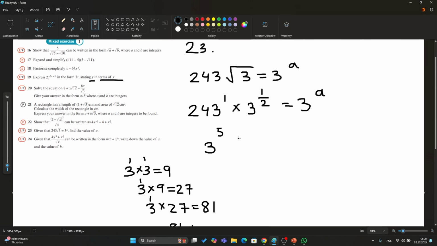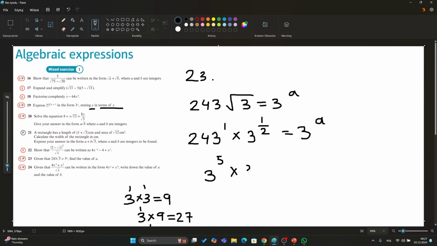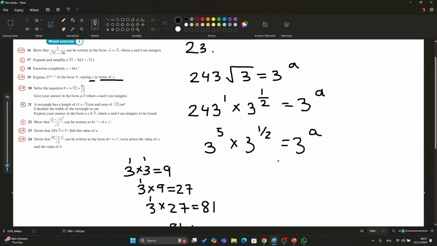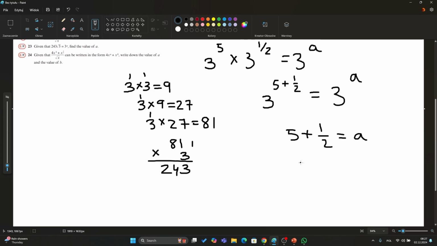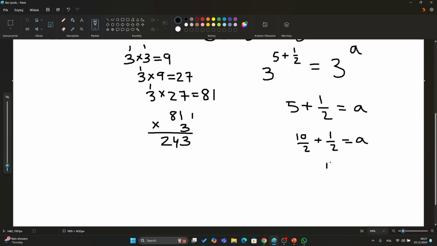So 3 to the power 5 times 3 to the power of a half equals 3 to the a. So 3 to the power of 5 plus a half equals 3 to the a. So 5 plus a half equals a. 10 over 2 plus a half equals a. 11 over 2 equals a.